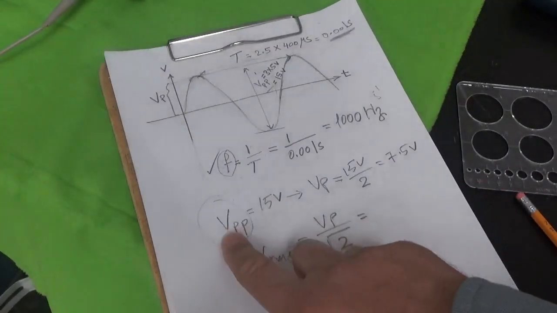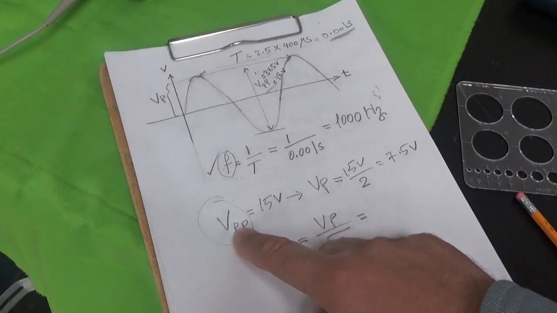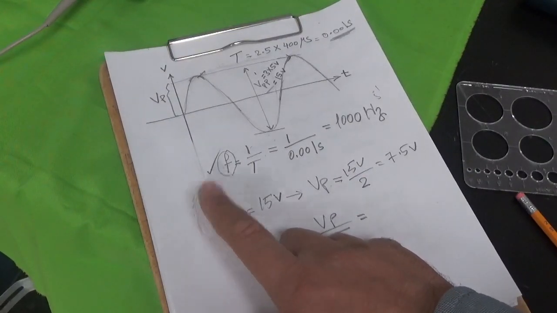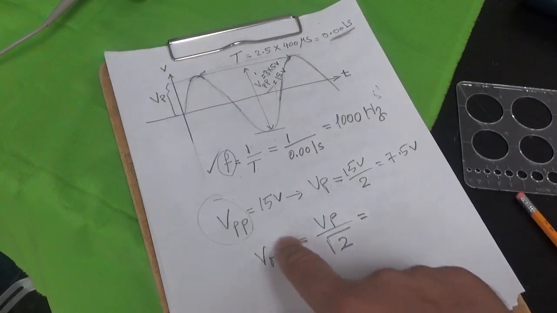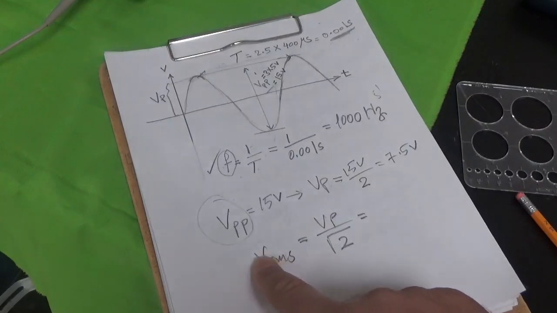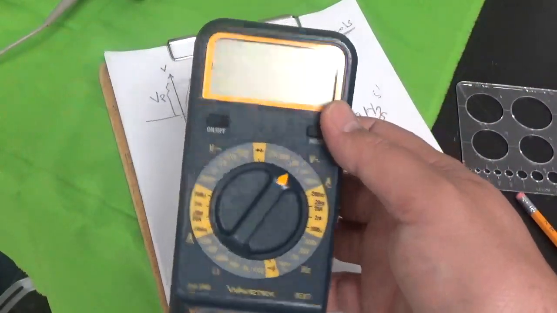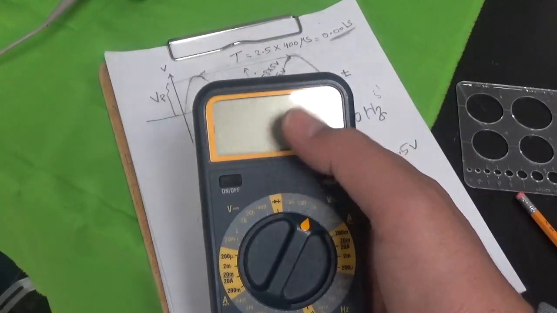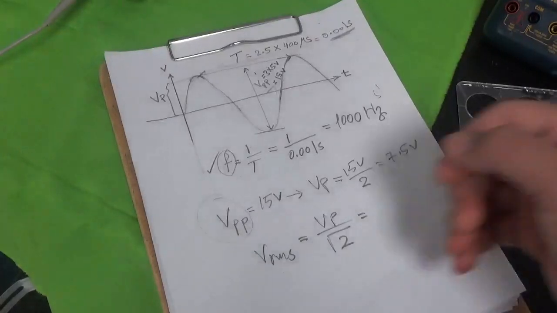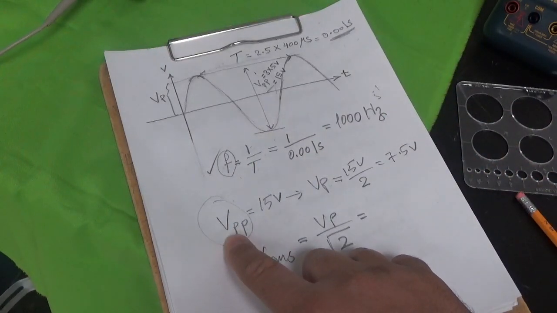Actually guys, this is the value that you can see here. This value can be measured using this multimeter. So this multimeter will give us V root mean square. However, the oscilloscope will give us V peak to peak.